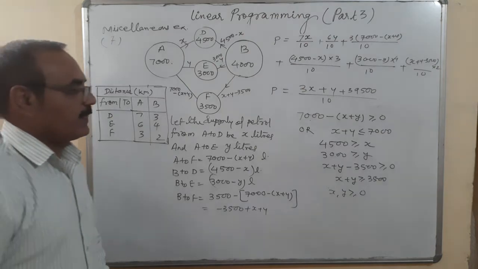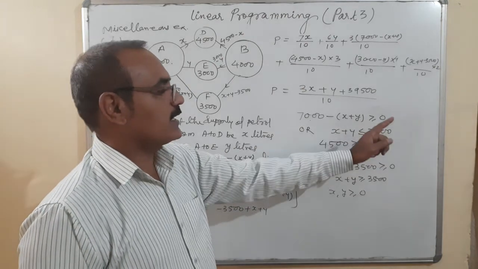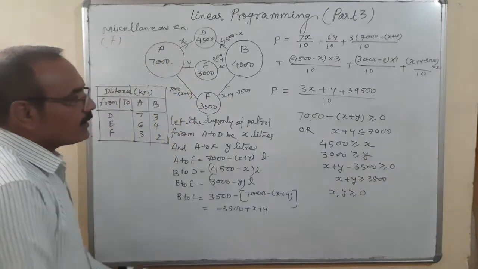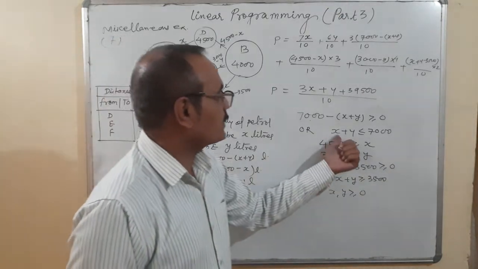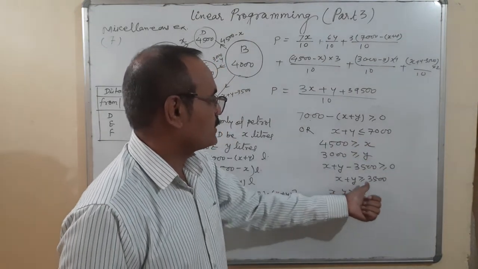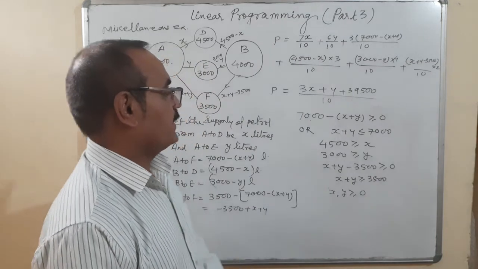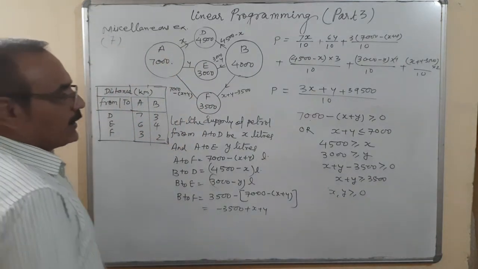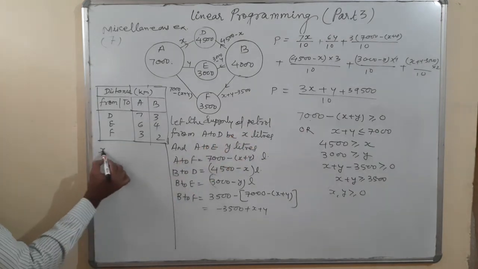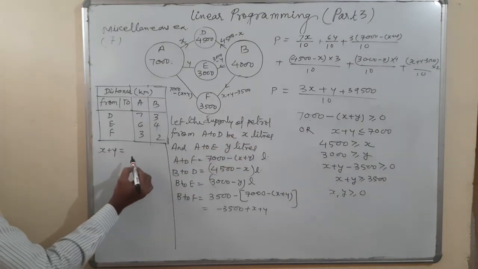Now we are going to find the corresponding equations. The corresponding equations of that: x plus y is equal to 7,000, and x plus y is equal to 3,500. So the corresponding equation for finding first is x plus y is equal to 7,000.